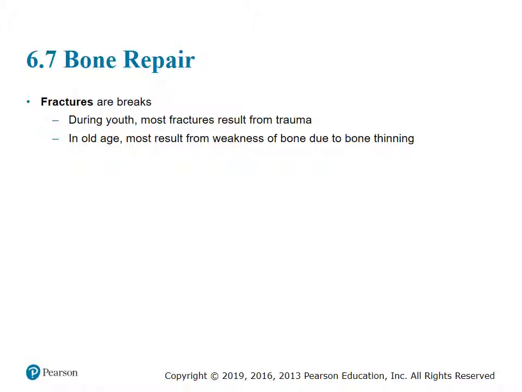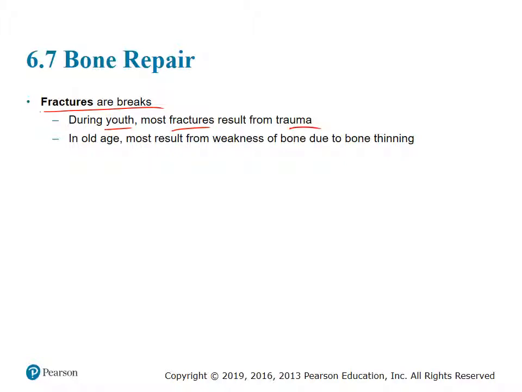Let's talk about fractures really quick. Fractures are actually breaks in bones. Now this can be a wide degree of breaks, if you will, in severity and type, and so we'll see this here. In youth, most fractures will result from trauma.